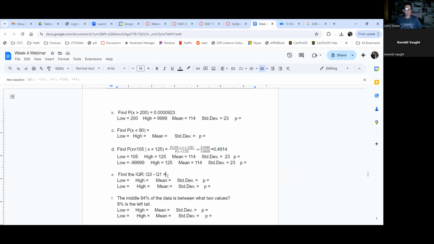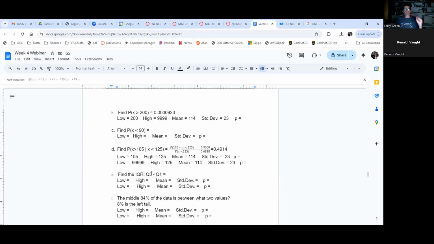Do you remember the definition of Q3? Q3 was the 75th percentile, or the third quartile.